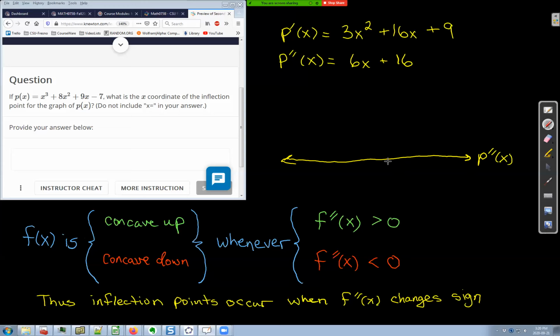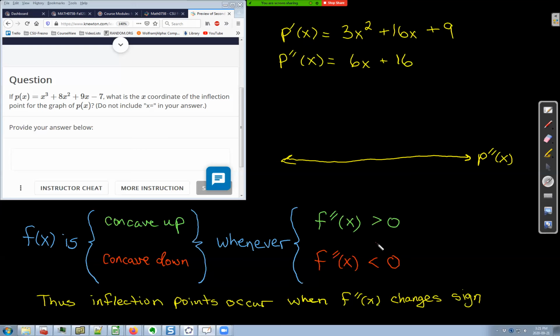What I'm going to do is mark on my number line where the second derivative is 0. And you might say, well, wait, why do you care about where the second derivative is 0? Because I thought you wanted it to be positive or negative. Well, think about 0. Is 0 positive or is 0 negative?